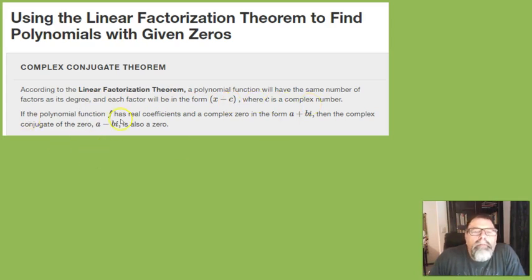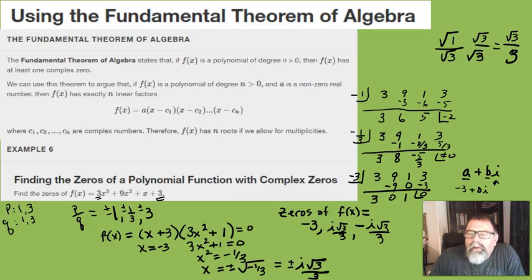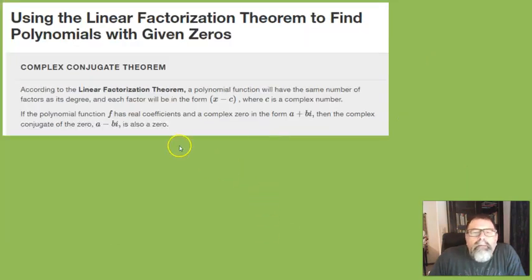So if the polynomial function has real coefficients and a complex zero in the form of a plus bi, then the complex conjugate of the zero, a minus bi, is also a zero. That's what I was talking about in the last example. They always come in conjugate pairs. Okay? So if a plus bi is a zero, then a minus bi is also a zero.